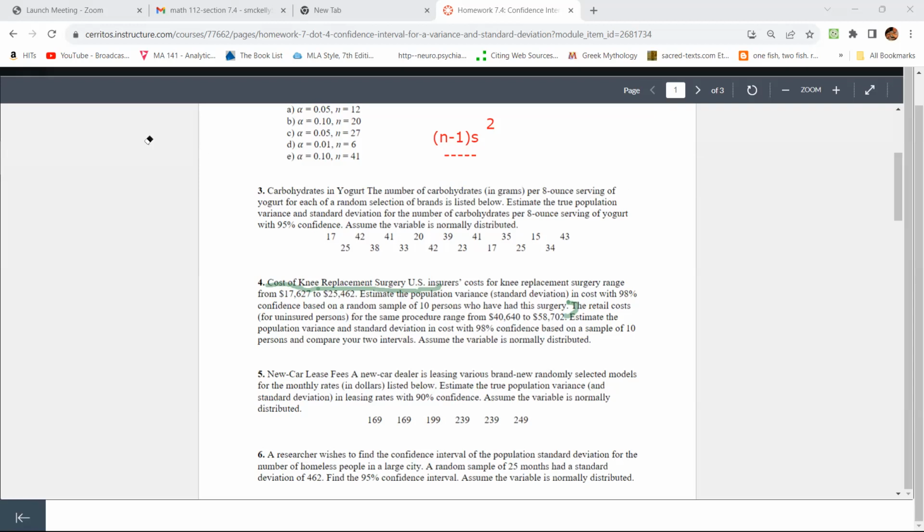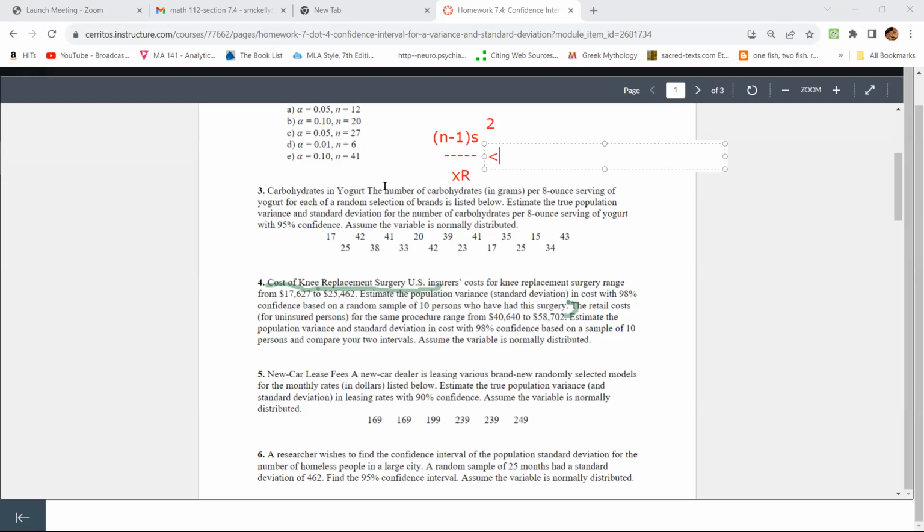This is going to be chi-square right. So this chi-square right is going to be larger. So chi-square right here. And then this should be less than, sorry, less than.